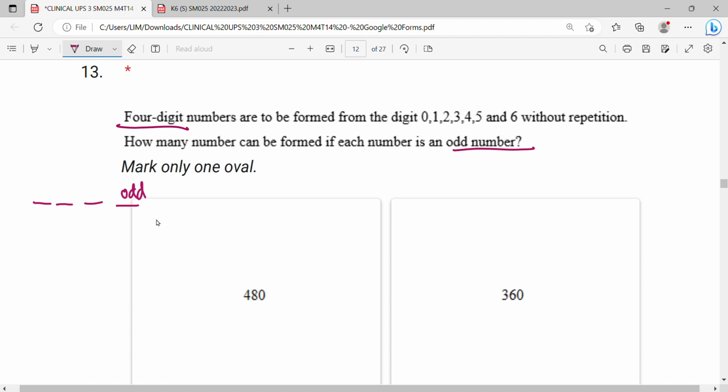Odd: 1, 3, 5. So the number of ways for the last place here is 3. 3 choices. So we solve first the part that has a condition, then we go back to the first place, how many choices we have.